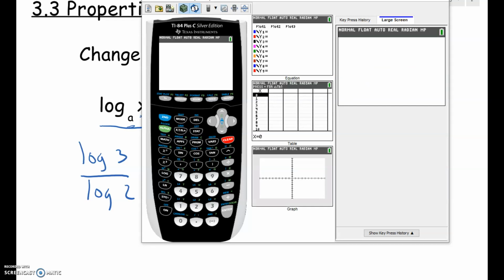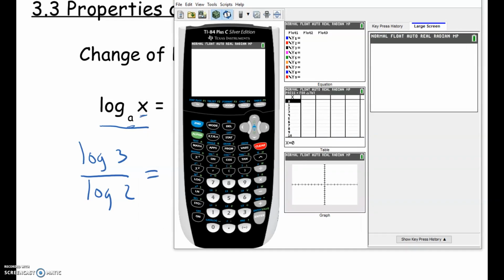So if I want to do that one there, I'm going to hit log and 3, make sure to end the parentheses, divided by log, oops, go back, delete, clear, log of 3 divided by log of 2. And that'll give me my answer.